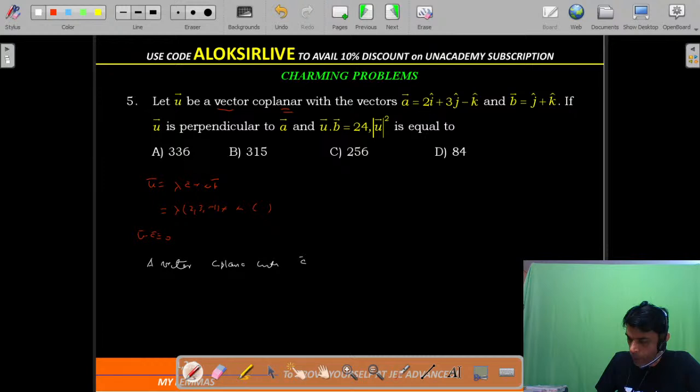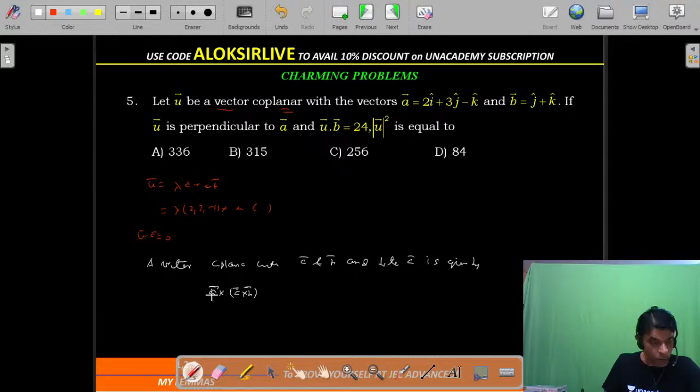This is a good result. It tells you the whole story: a cross b cross a is a vector coplanar with a and b and perpendicular to a. So this is my starting point. Any such vector is this. So that is u, and u dot b is 24 will seal the fate of what it must be.